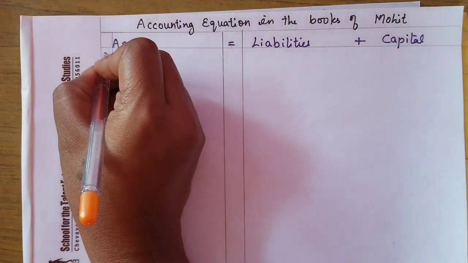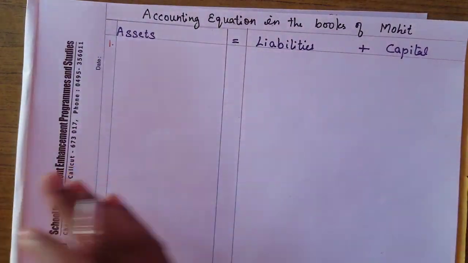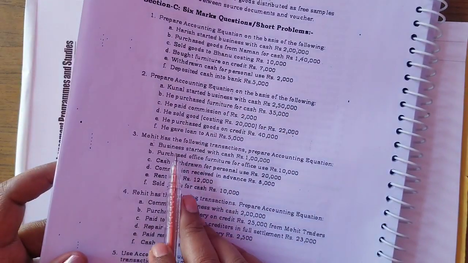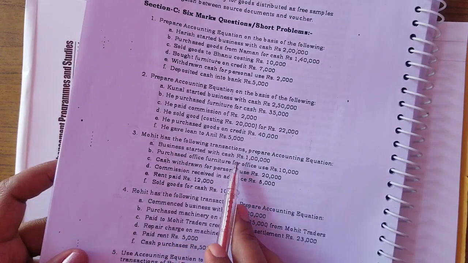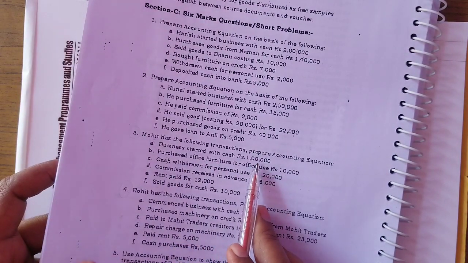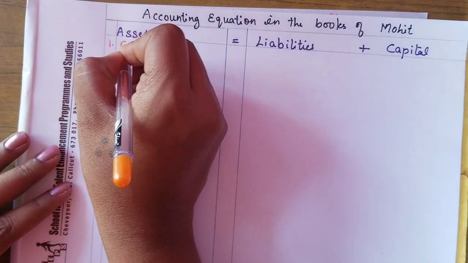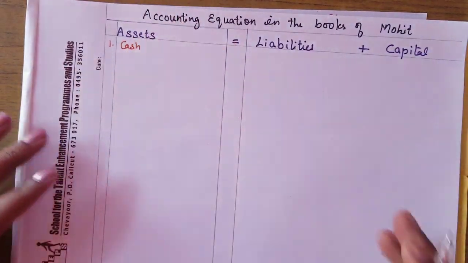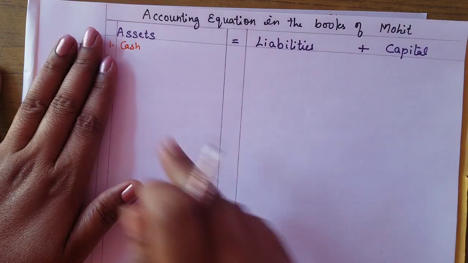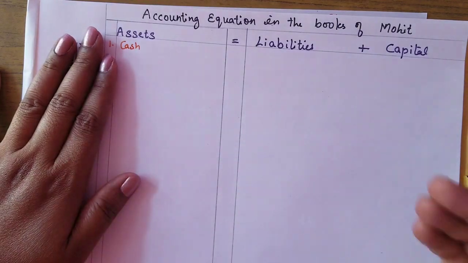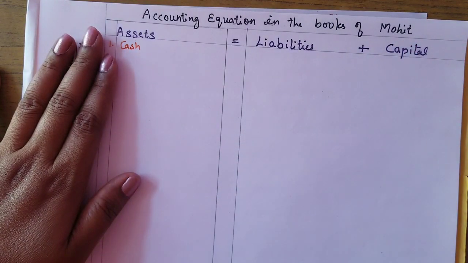First transaction here. Business started with cash rupees 1 lakh. So the first item is cash. Cash is an asset, so we are starting with cash. Now we are starting, which means think from the point of Mohit.